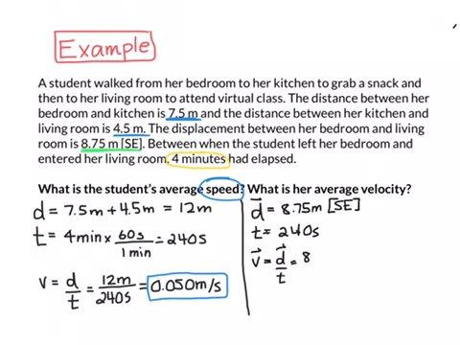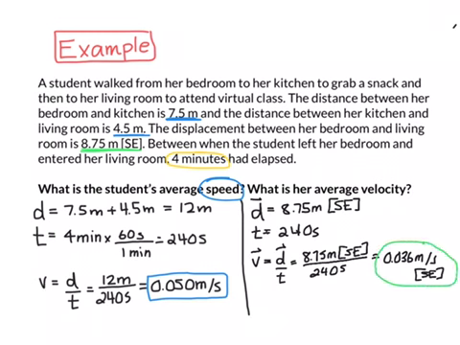So that's going to be 8.75 meters southeast divided by 240 seconds, which is going to equal 0.036 meters per second, and that direction is going to be southeast. So the average velocity that our student traveled is a little bit lower than the average speed. So that's our velocity here.